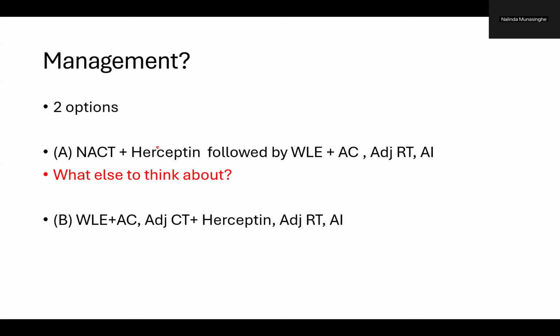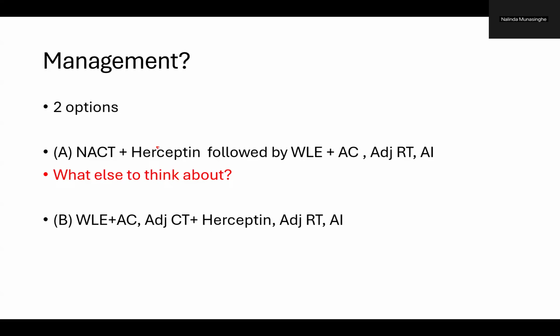So if the patient doesn't want, if you can't convince them to have neoadjuvant chemotherapy, which is sometimes very difficult in Sri Lanka, you can offer them surgery. And sometimes they tend to agree with the treatment, chemotherapy afterwards. So the first choice would be to give neoadjuvant chemotherapy, but don't split your hairs. If they don't agree, you have a second option as well.